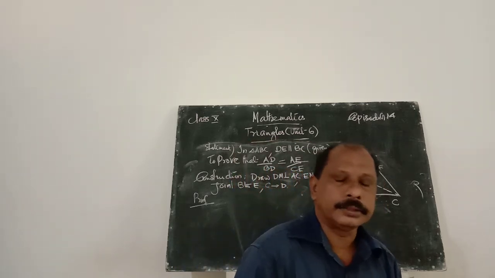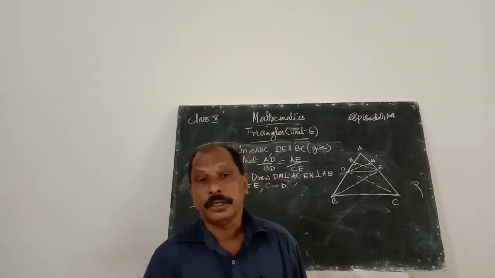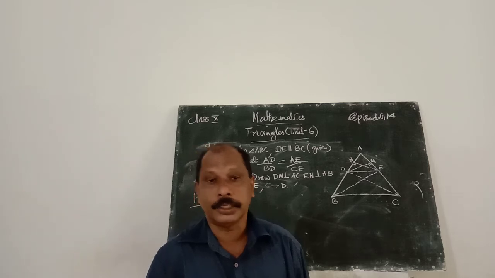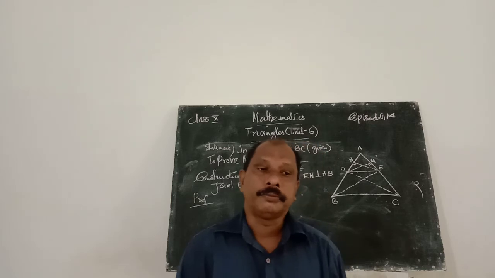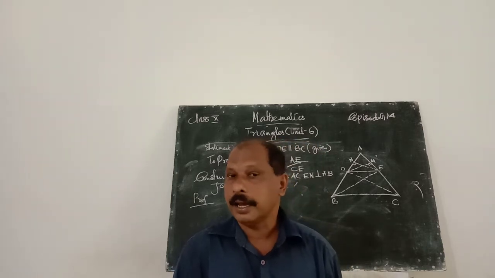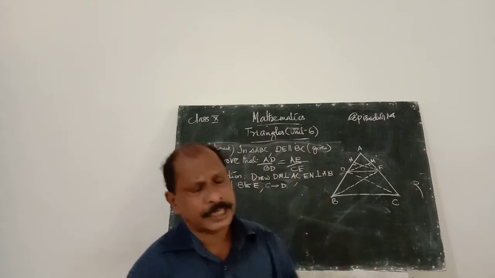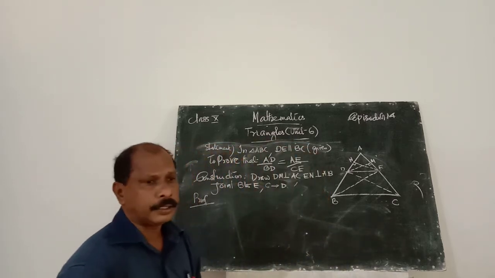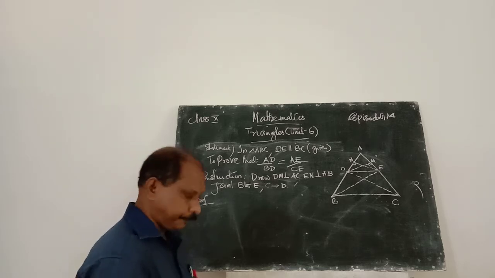Therefore, the area is the root of S into S minus A into S minus B into S minus C. If it is an equilateral triangle with side A, then the area is root 3 A square by 4. But the basic concept is that the area of any triangle is half base into altitude.